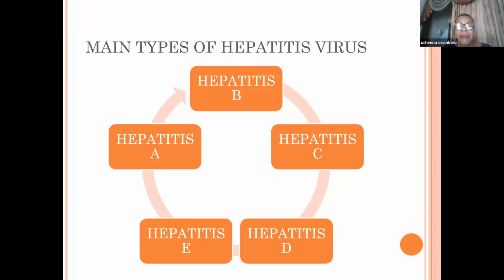B and C, and D in the presence of B, cause chronic hepatitis, and they are the ones that are of much public health concern. A and E generally cause acute hepatitis that is self-limiting in most cases.